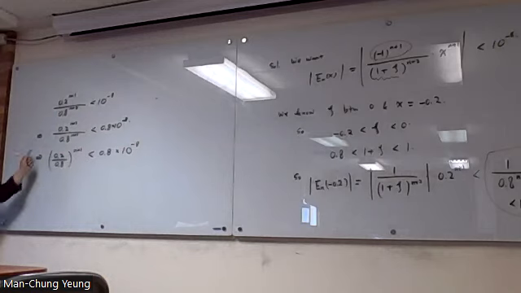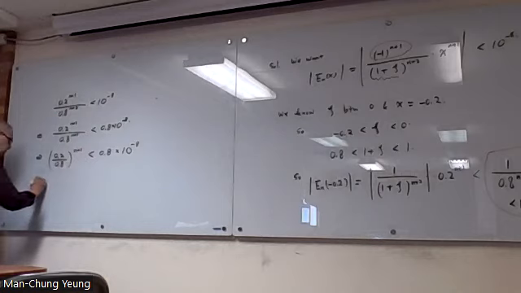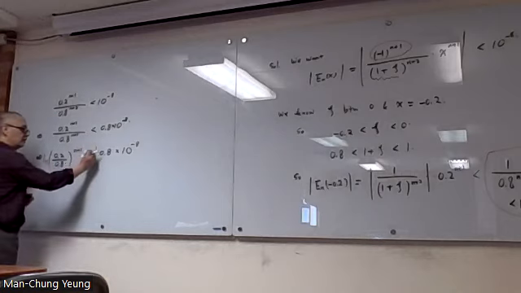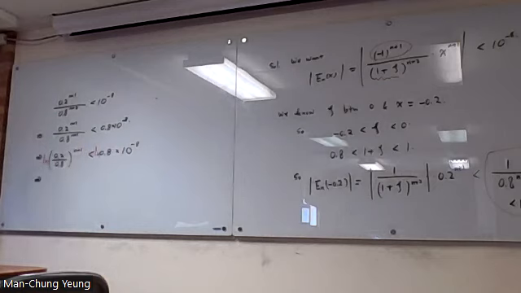Take the natural log on both sides. The natural log brings down the power.